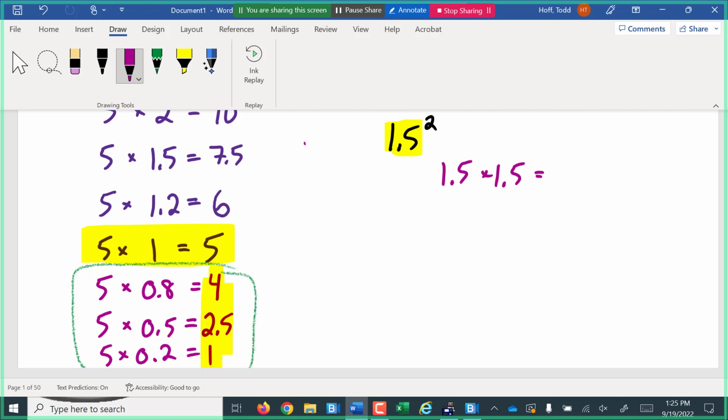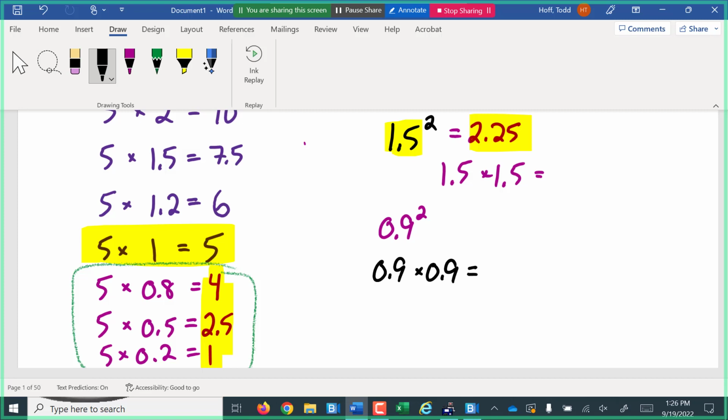So when I square it, it's going to get larger. 1.5 squared is 2.25. However, if I have 0.9 squared, 0.9 is smaller than 1. When I multiply it by itself, technically what I'm doing is multiplying it by something smaller than 1. So when I square 0.9, its result is going to get smaller.